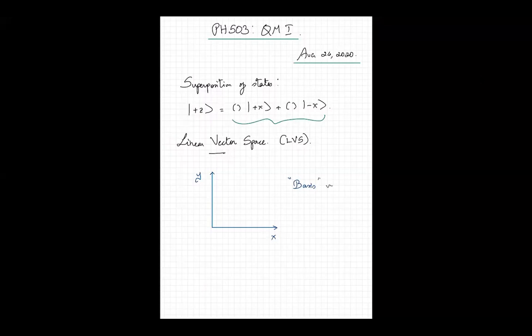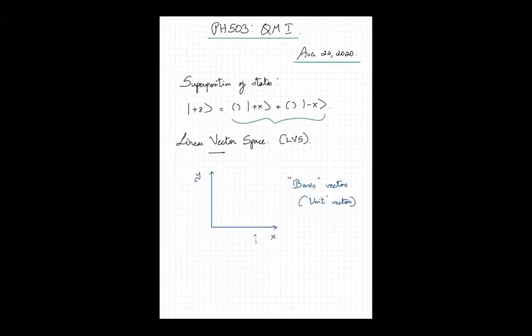You also call them unit vectors sometimes. Even though the concept of basis vectors is what we would use, it's more fundamental. A basis vector is basically a vector of unit magnitude that tells you that you're traveling in either the x direction or the y direction. The basis vector along the x direction you call i hat, the basis vector along the y direction you call j hat, and the basis vector along the z direction you call k hat.